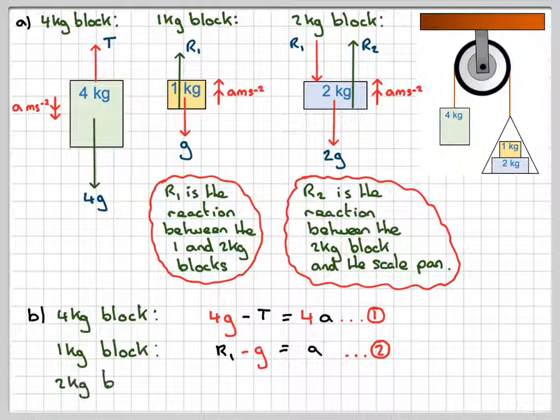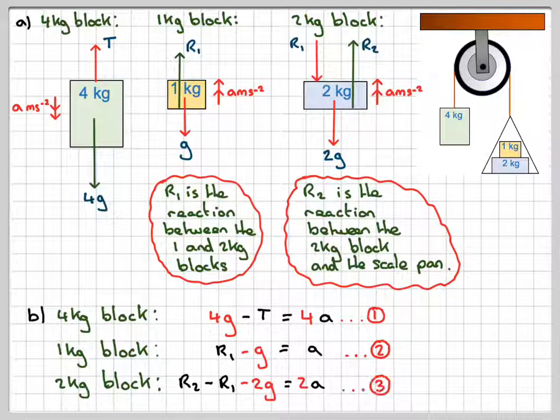And then for the 2 kilogram block, it's moving upwards, so it's going to be R2 minus R1 minus 2g, and that's going to be equal to 2 times the acceleration. We'll call that equation 3.